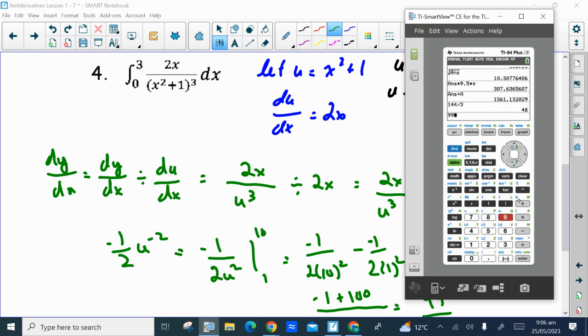First, let's find out what 99 over 200 is as a decimal, just in case the calculator gives us that: 0.495. So when we put our original expression in there, I'll have 2x divided by, in brackets, to keep my denominator together, x squared plus 1, close the bracket, and that's cubed.